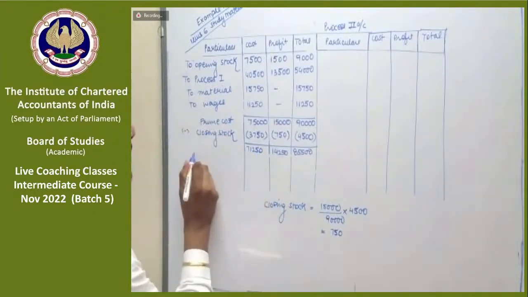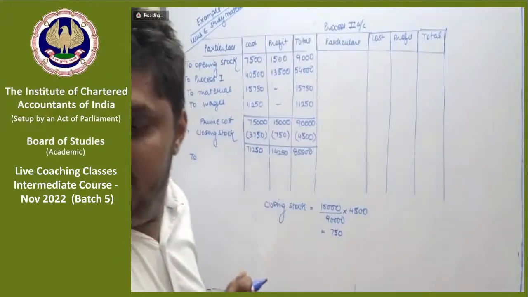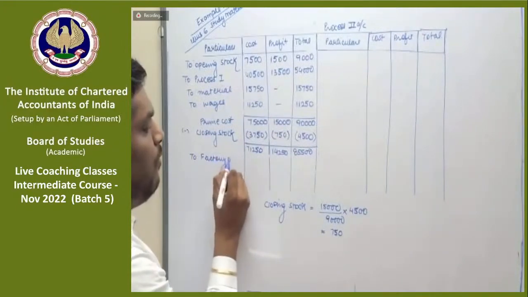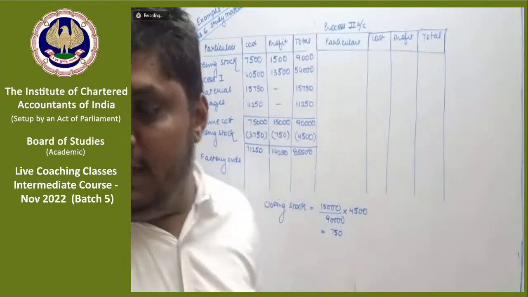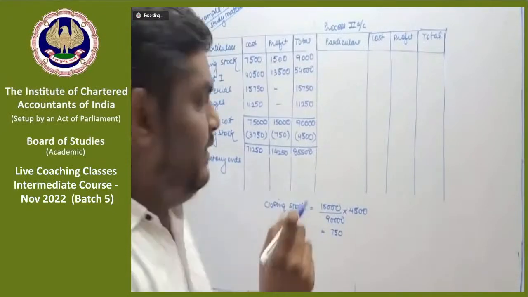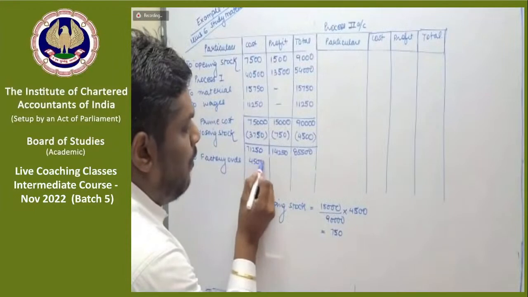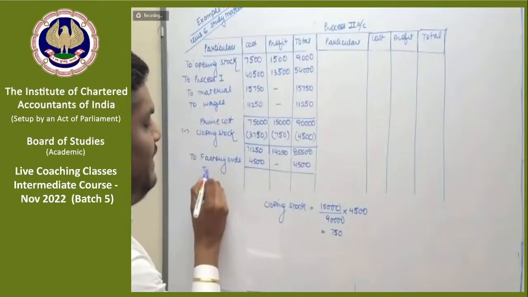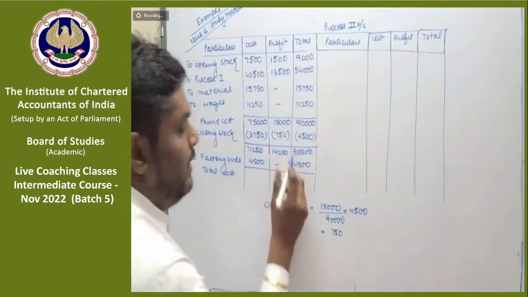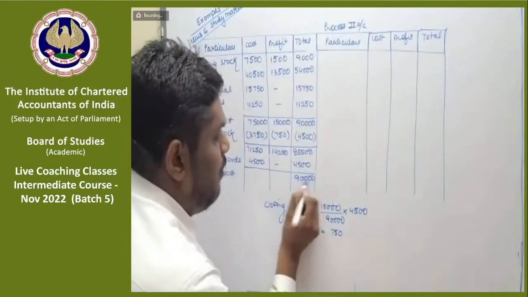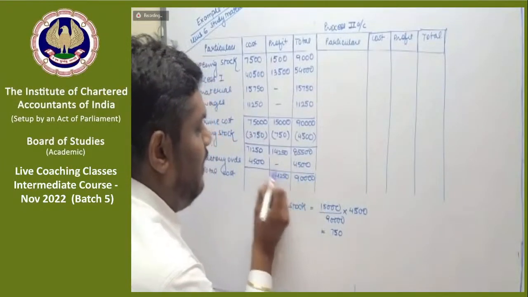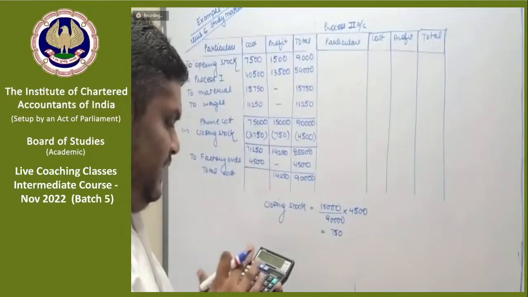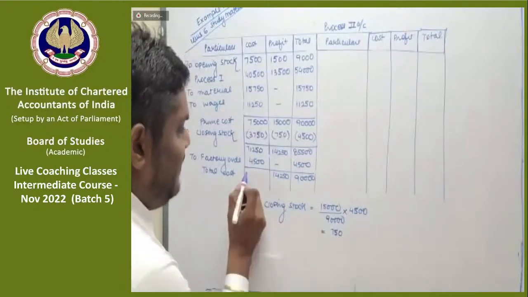Now we will add manufacturing overheads, that is the factory overheads given in the question, to calculate the total cost. The factory overheads are 4,500. So we'll calculate the total cost now. We'll get the total cost, that will be 90,000, 14,250, and this is the total cost till date of process first and process second, and that is 75,750.